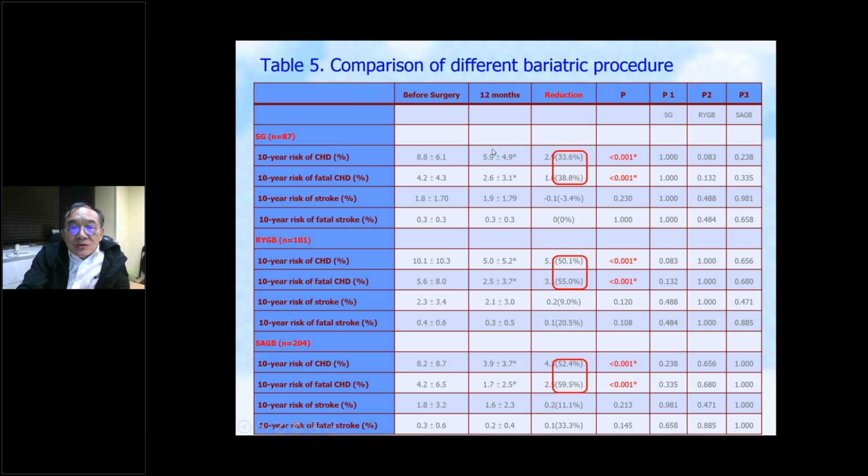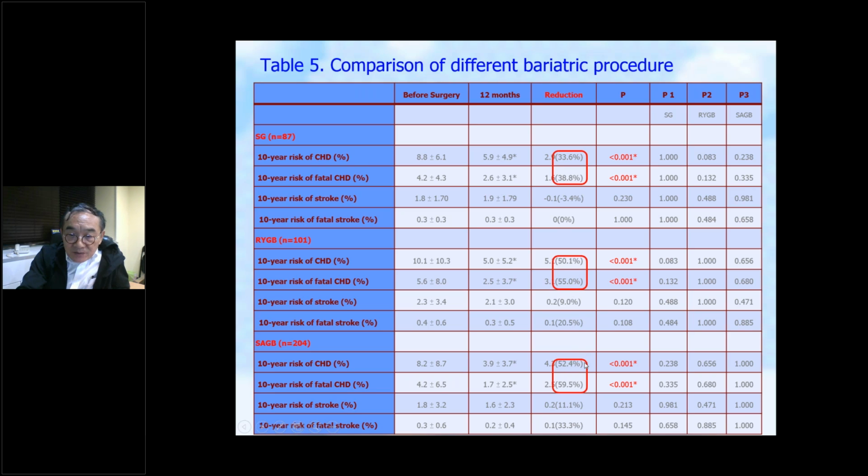And this is to look at the absolute reduction in different procedures. By this comparison, you can see in sleeve gastrectomy, the reduction is around 38 to 33% for both coronary heart disease and the fatal incidence. But for Roux gastric bypass it is approaching 50%, and fatal is 55%.